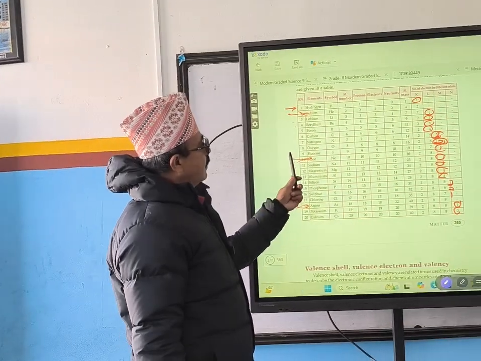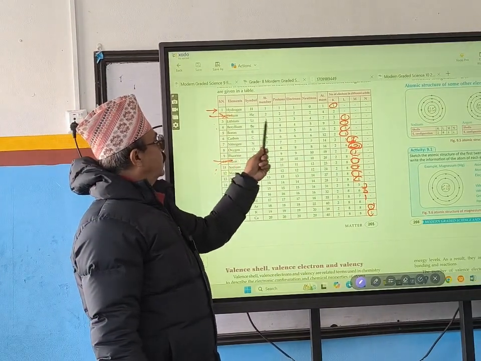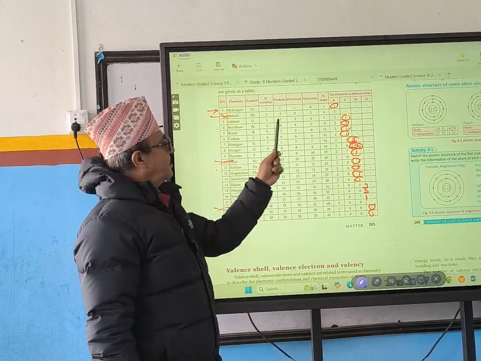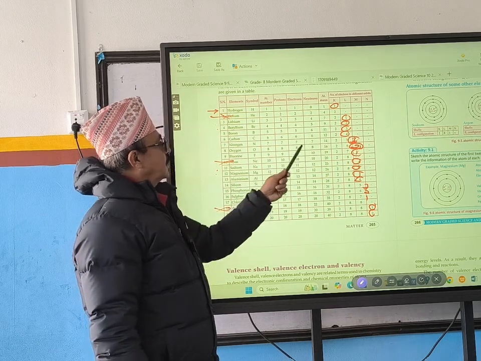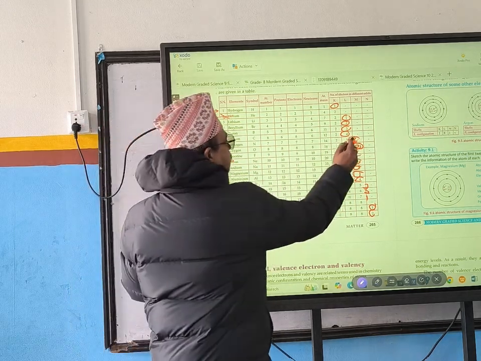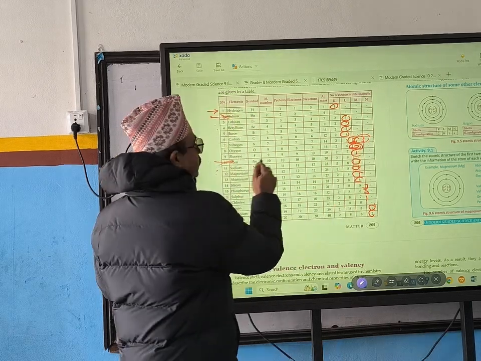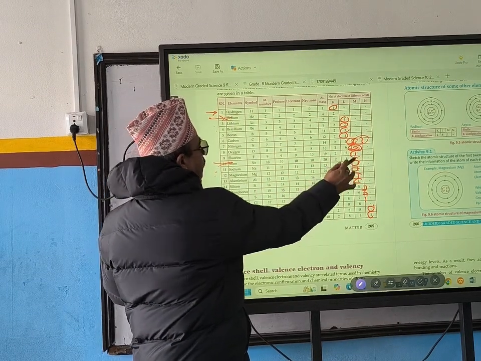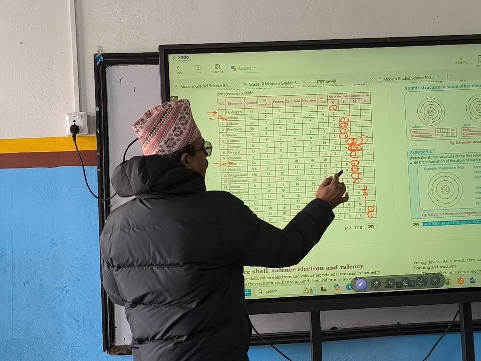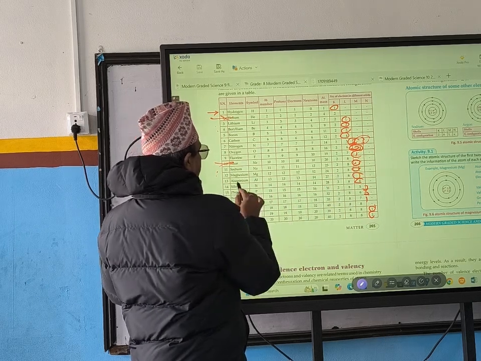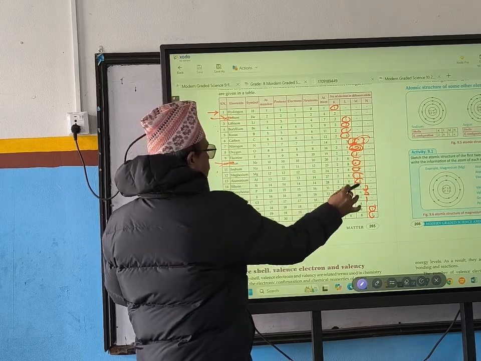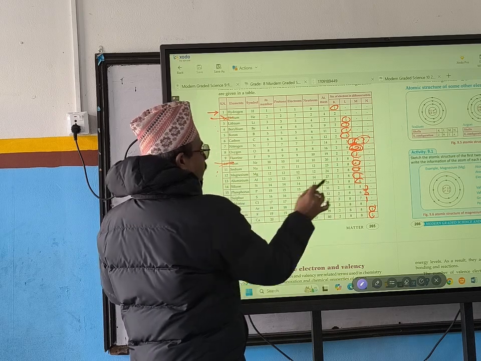Lithium, beryllium, boron, carbon, nitrogen, nitrogen 3. Nitrogen how much? 3. 5 plus 3. Oxygen, chlorine, sodium, magnesium, aluminium, silicon, phosphorus, 3.